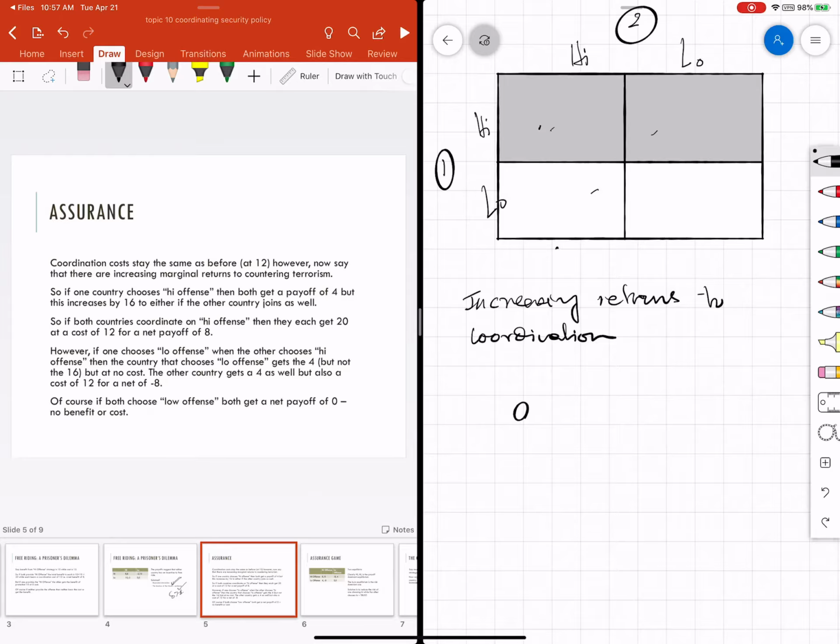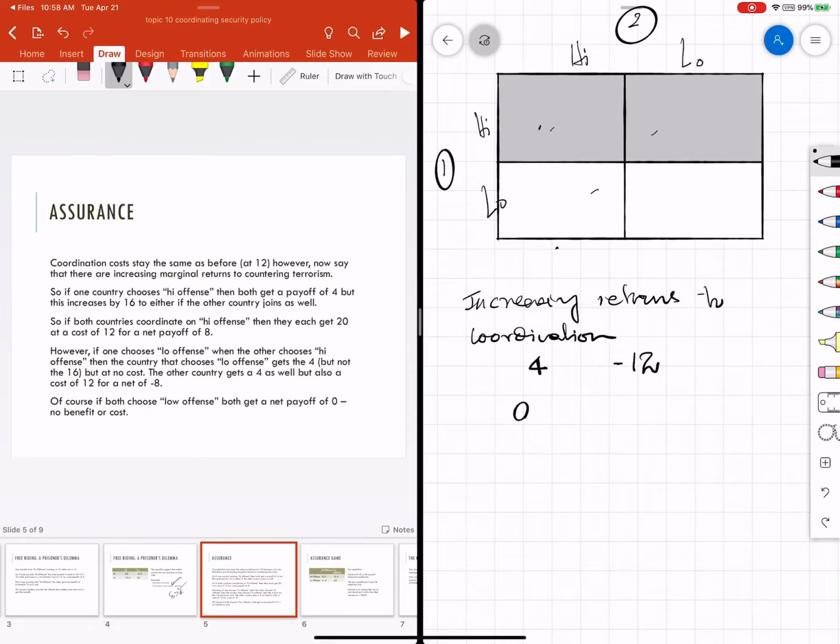This means now you still have a cost of minus 12 from putting up the high defense or offense. However, now the private gain, if only country 1 chose to do the high offense, they would get a benefit of 4.